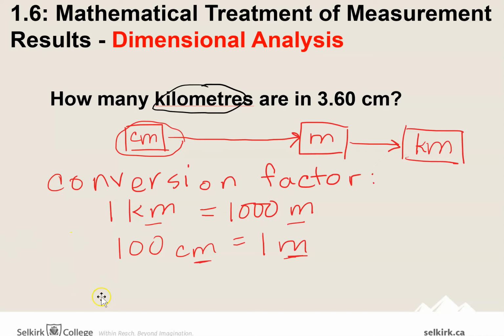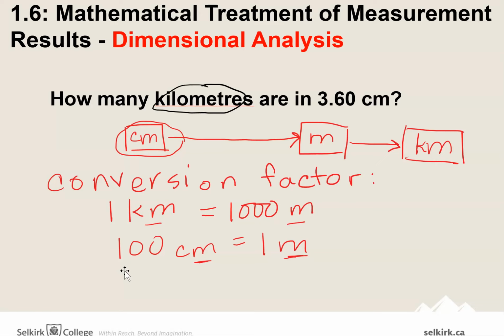The map said start with centimeters, and the question said I had 3.60 centimeters. All right, so how I go on is I'm going to multiply by a conversion factor. And this is the actual dimensional analysis part of the problem. Because 1 meter equals 100 centimeters, those 2 values have the same value.